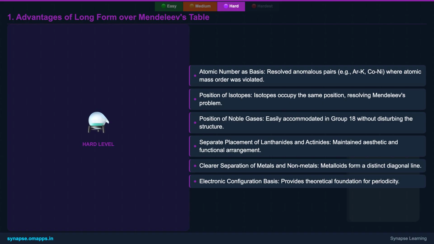It also perfectly accommodates isotopes, which share the same atomic number, and easily integrated newly discovered noble gases without disrupting the existing arrangement. Furthermore, the separate placement of lanthanides and actinides maintains the table's clarity, and it provides a clearer distinction between metals and nonmetals, all underpinned by a strong theoretical basis of electronic configuration.